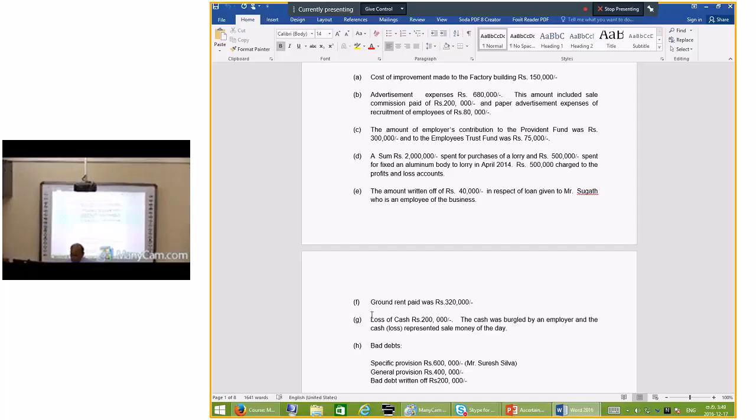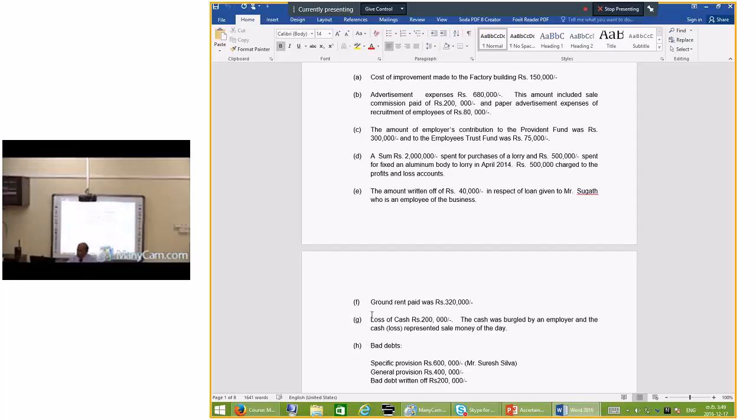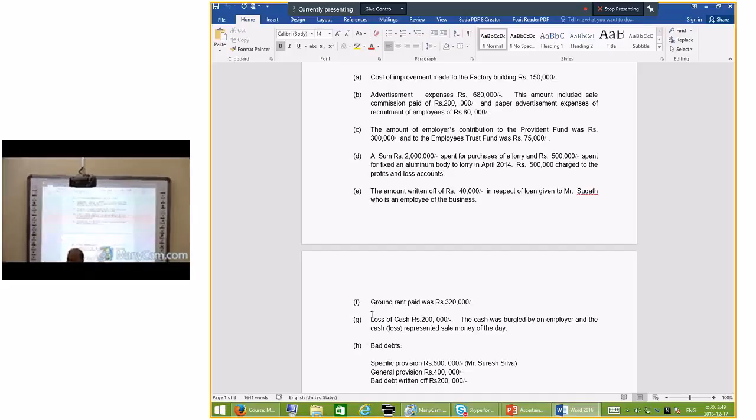On that basis, this principle was adopted in the Haley's case to decide whether a cash loss is a revenue loss or a capital loss. The court decided that all the cash in the group was day-to-day business money, that means the circulating part of the circulating capital.